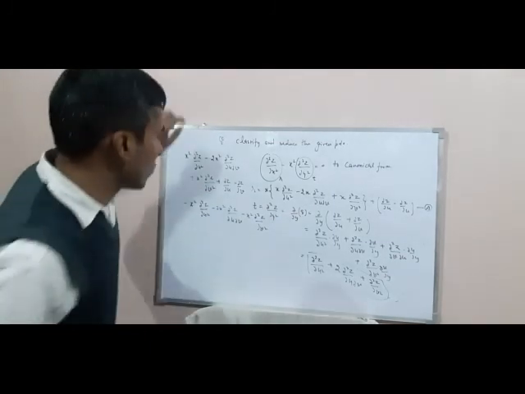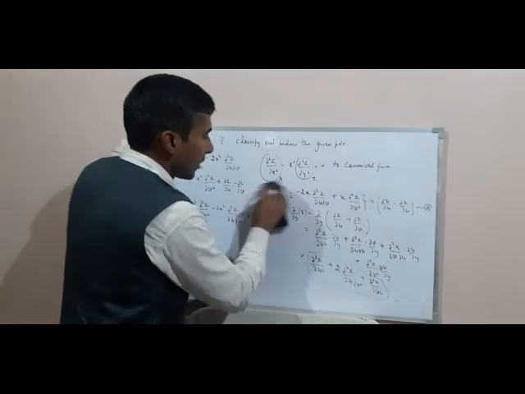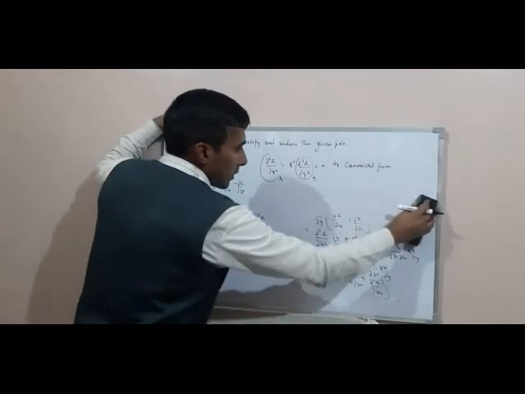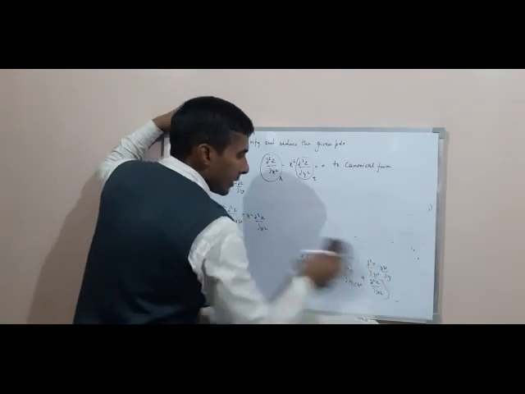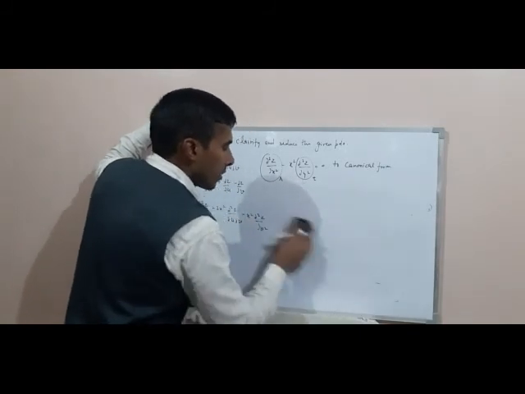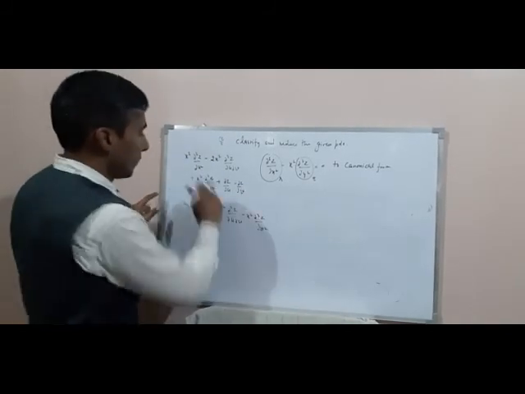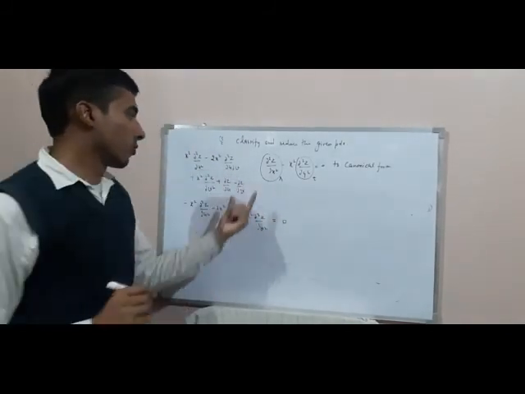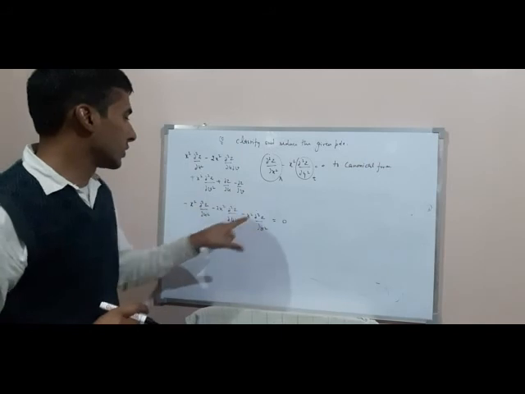So when we put these values r and t in the given expression, the given expression can be rewritten in this form. This is equal to 0. This is the value of r and this is the value of t.